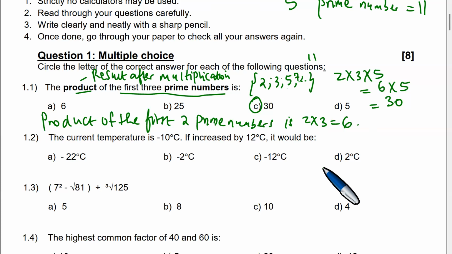So, you add 12. Is it negative 22? How would you do it? What are the steps? If they say the current temperature is minus 10 and you increase by 12, how do you increase it by 12?